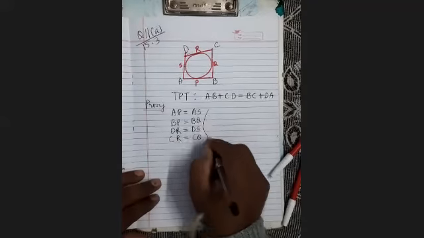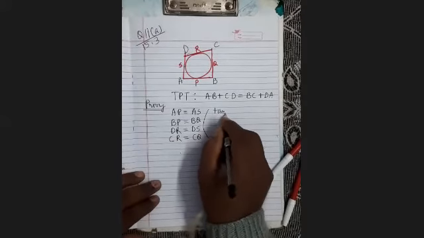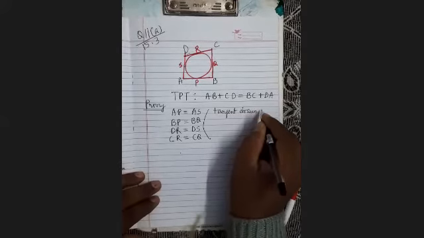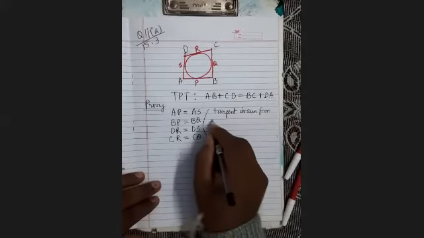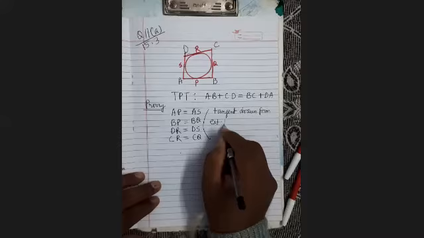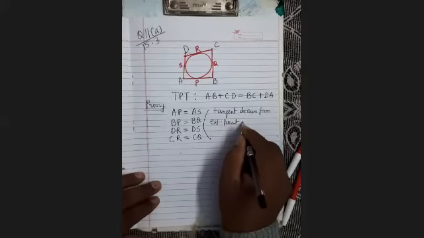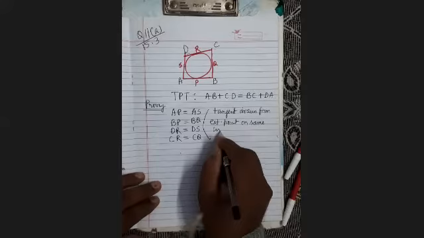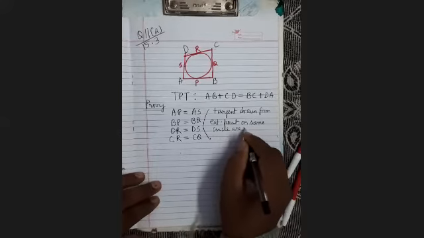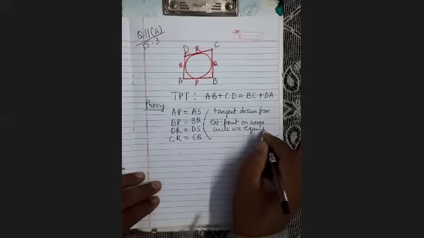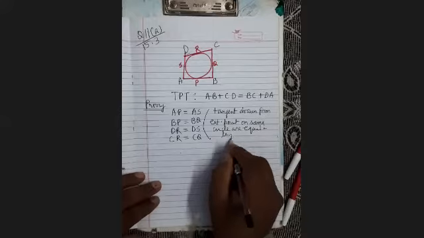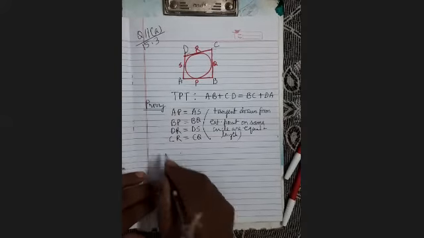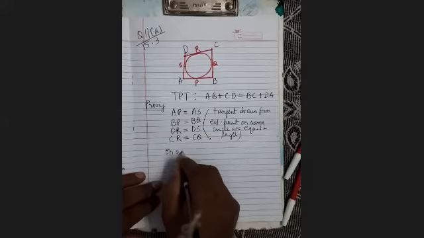Now the reason, you write down: tangents drawn from an external point to the same circle are equal in length. Now adding side by side.